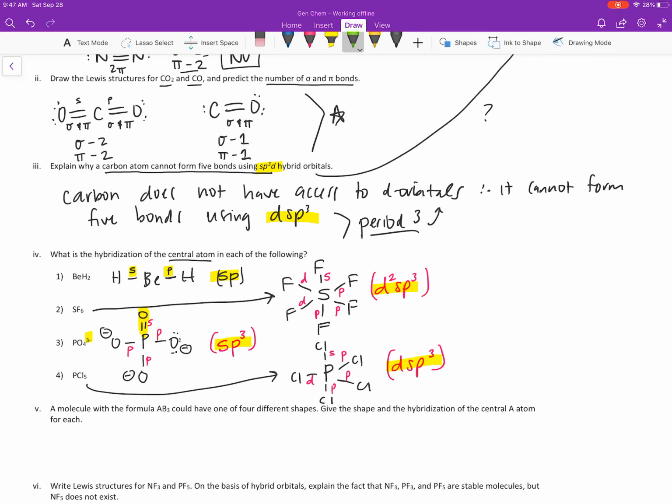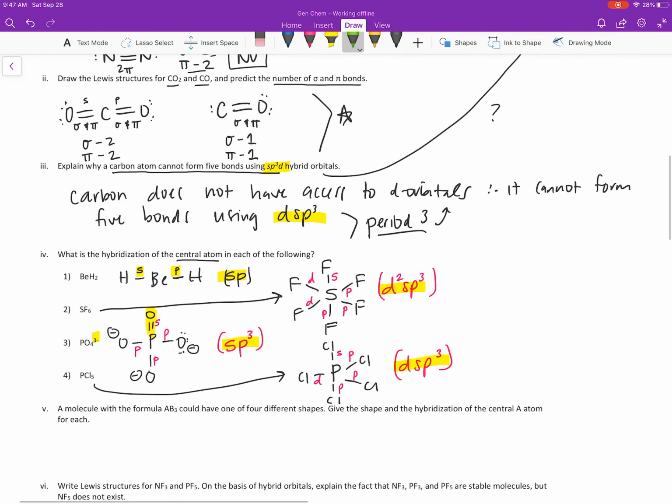So it's s, p1, p2, p3, and then a d orbital. All right, so a quick check is that sometimes the subscript behind the second atom will relate really well to the hybridization because of the number of bonds.